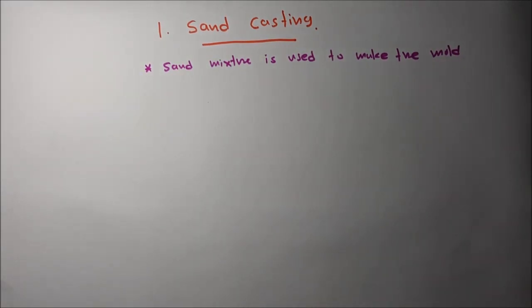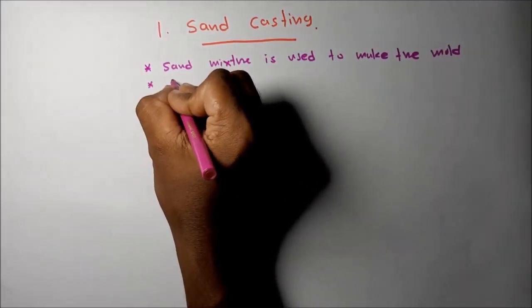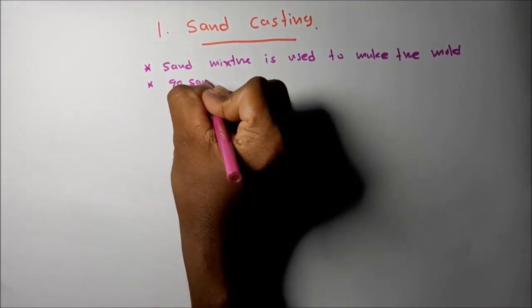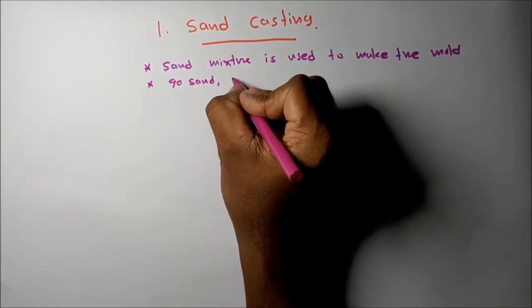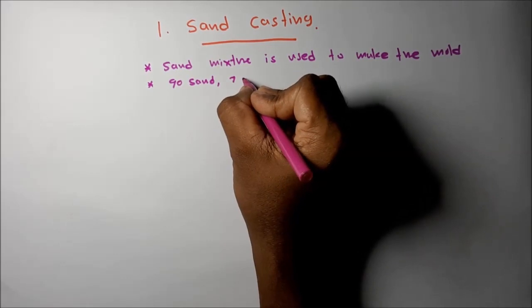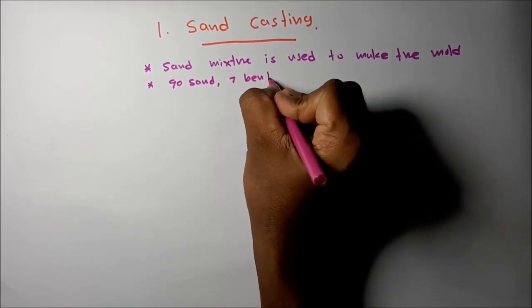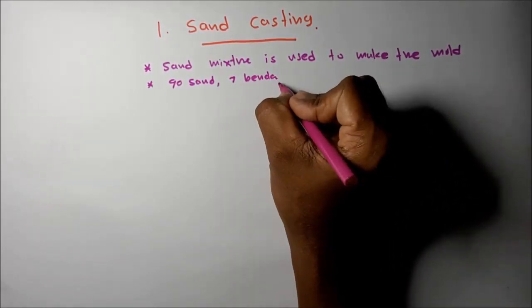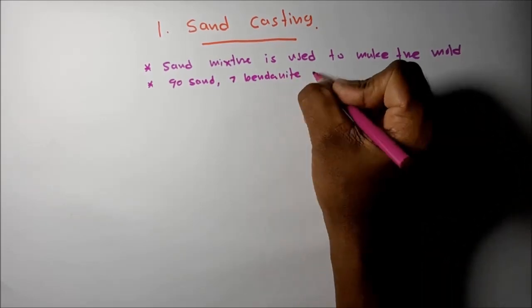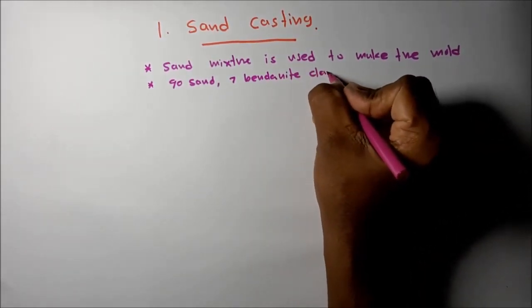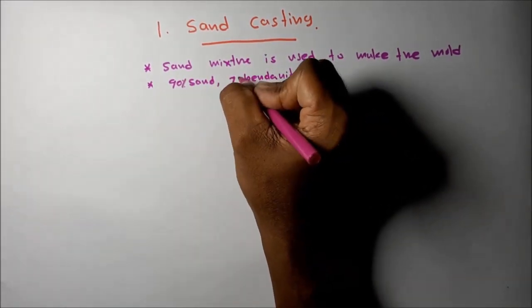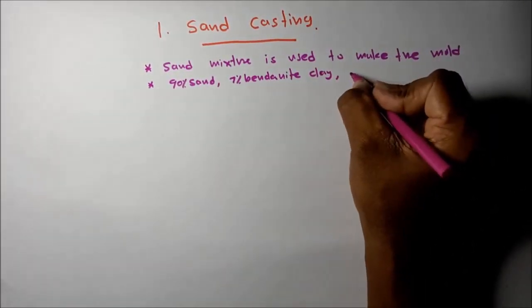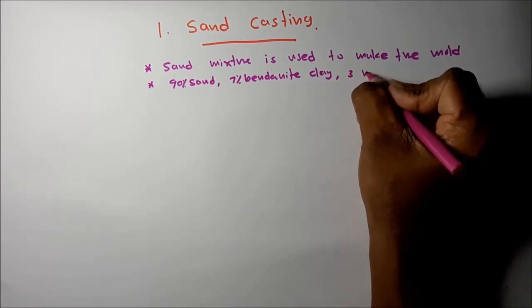Actually, the sand mixture means 90% sand, 7% bentonite clay, and around 3% water.